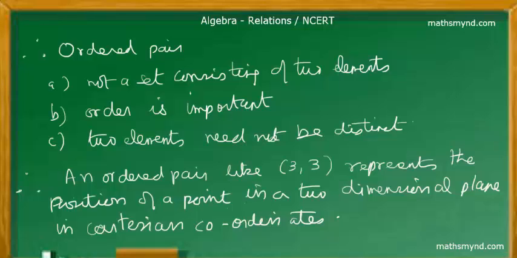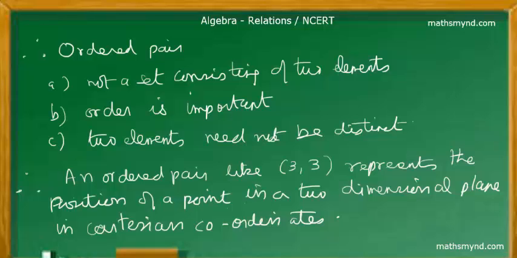If you reverse the order, you're indicating a different point, so you're not dealing with the same thing. And of course, as we have already seen, there can be cases like (1, 1) or (2, 2), which simply means that the two elements need not be distinct.